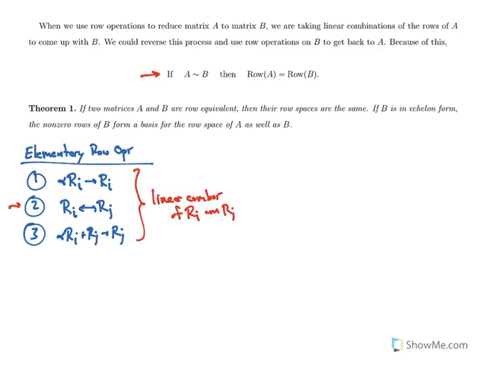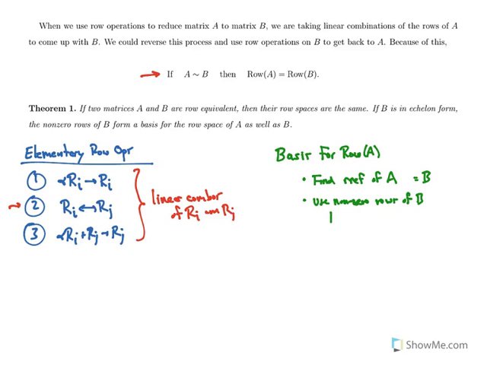So to make this clear, we're going to do an example on the next page, but if we want to find a basis for the row space of A, what we're going to do is find the row reduced echelon form of A, and we're going to call that B, and then we're going to use the non-zero rows of B to form the basis.